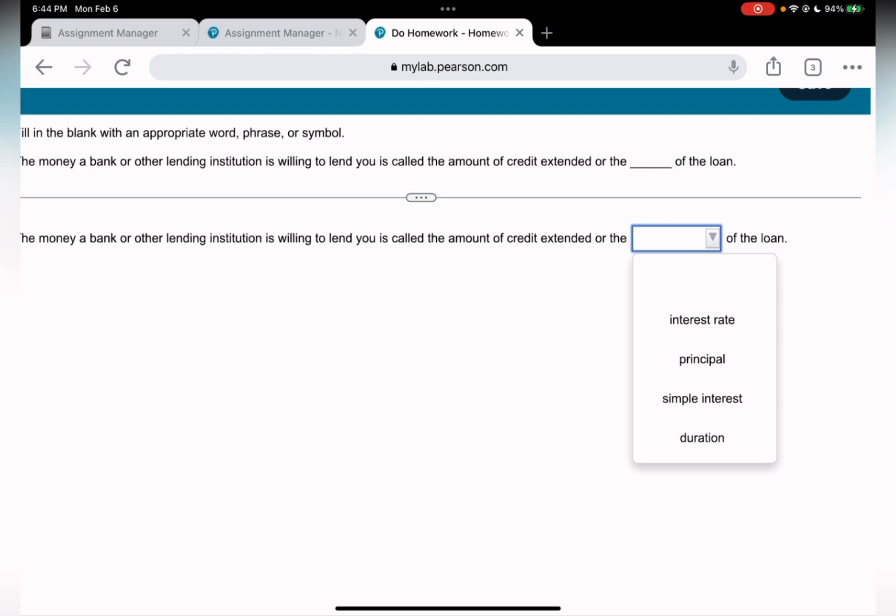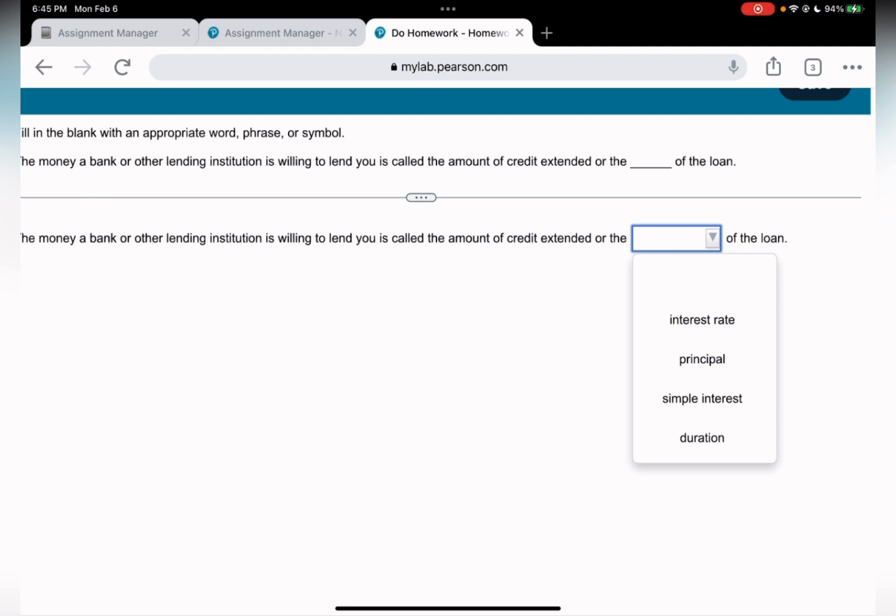Interest rate, that's the rate they let you borrow money with. Principal, that's the main money you put in the bank. Simple interest is how much money you make based on the interest rate.